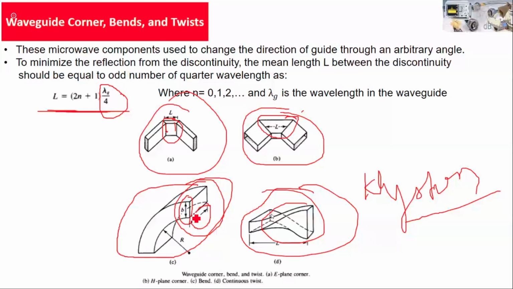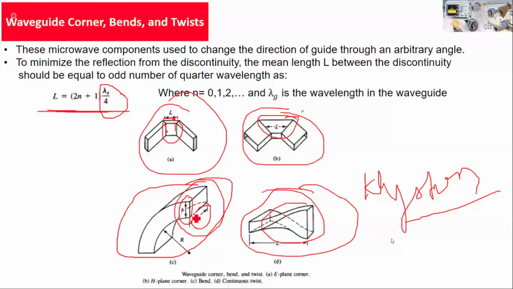If the dimensions are less than the standard value required for the operating frequency, then you will have an evanescent mode. Evanescent mode means the mode at which there is no flow of signal, that is, signal propagation does not take place.